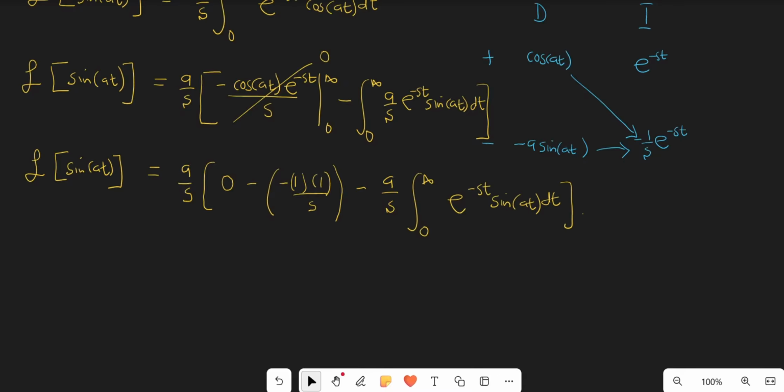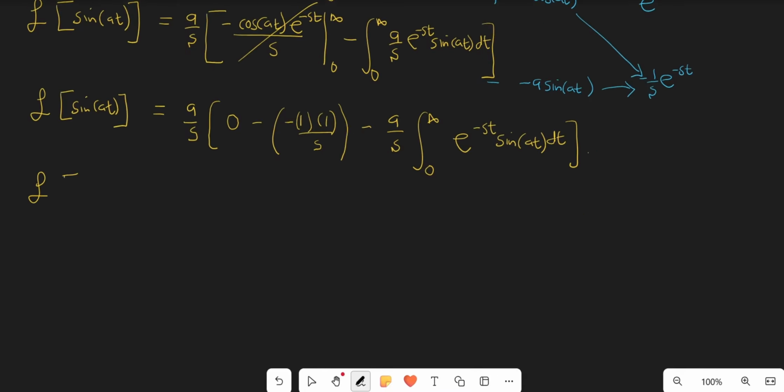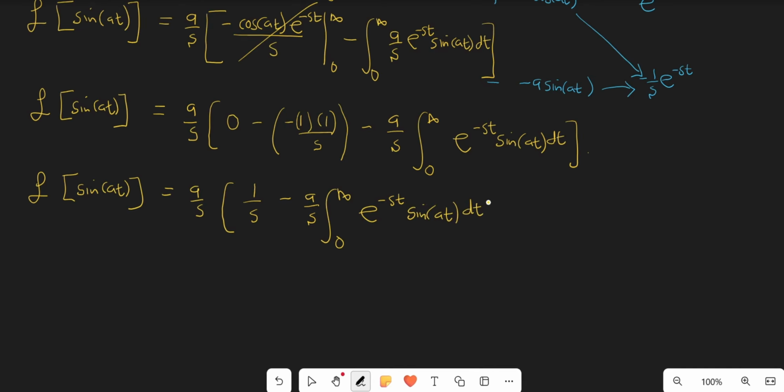Cool. Okay, so the Laplace transform of the function sine of at is equal to, now what do we have here? So we have a over s, and now what is inside the bracket is going to be positive 1 over s here, because negative, negative becomes positive, minus a over s, the integral from 0 to infinity of e raised to the power negative st, and then sine of at dt.